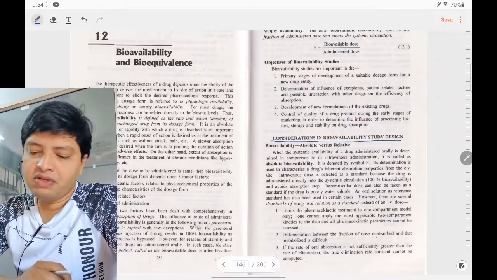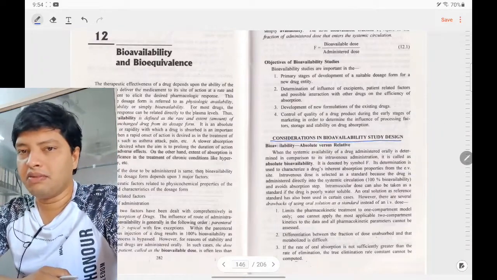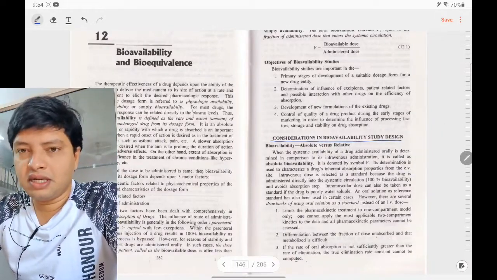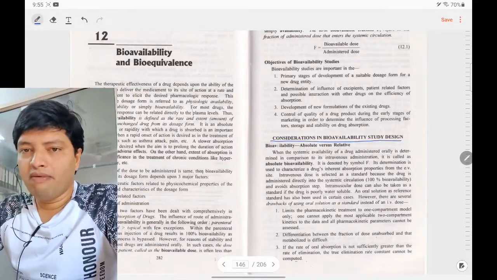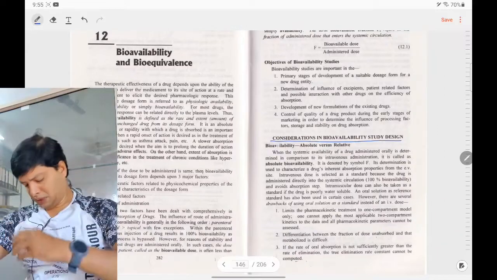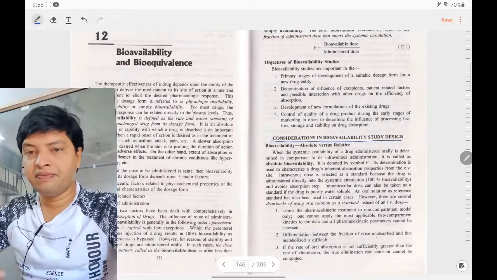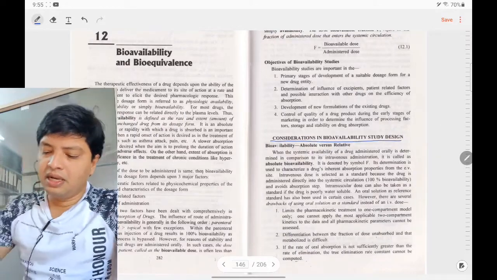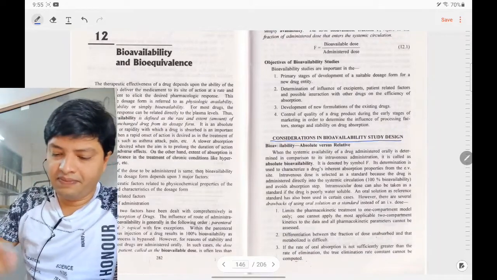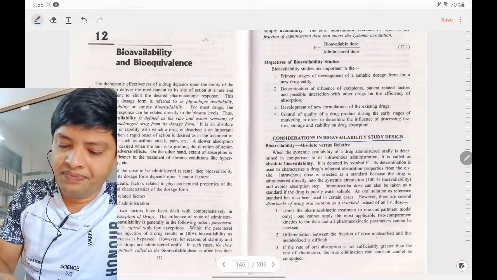In part 1 we saw what bioavailability is and what the different types of bioavailability are. Now we will see the considerations for conducting bioavailability studies. I'll list them out here.